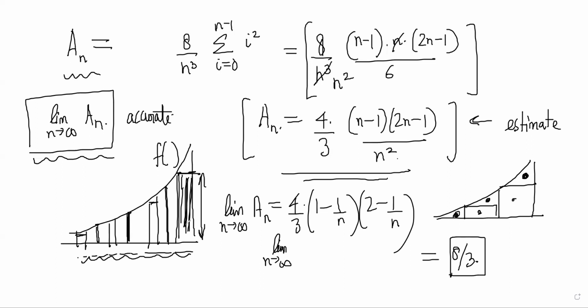Yes, sir. So what is the difficulty? Here the width was 2 by n, the area was 2 by n times f of 2i by n, right? If you do this, summation i goes from 0 to n minus 1, this will give you limit n tends to infinity area under the f.